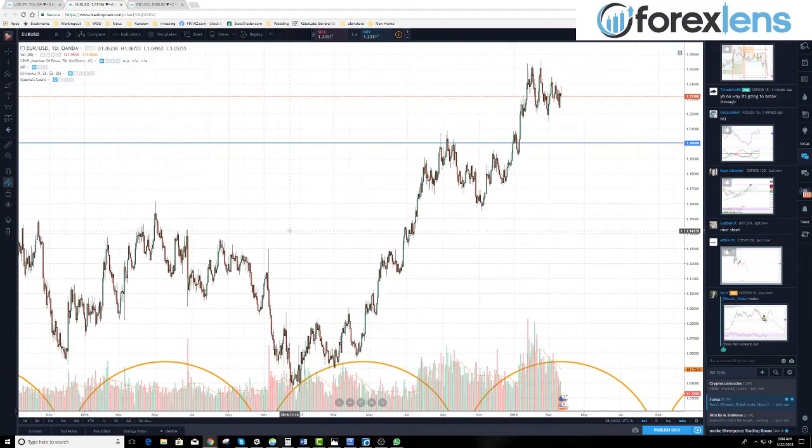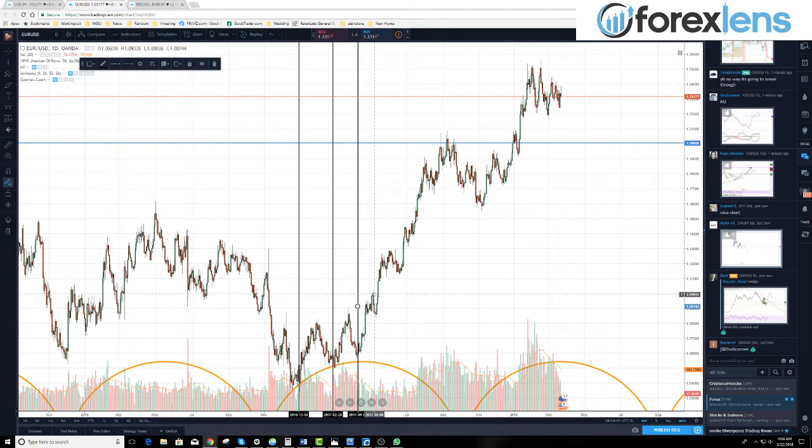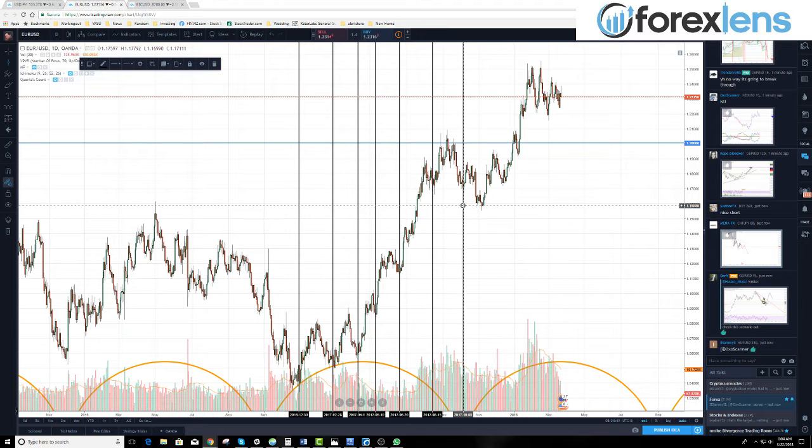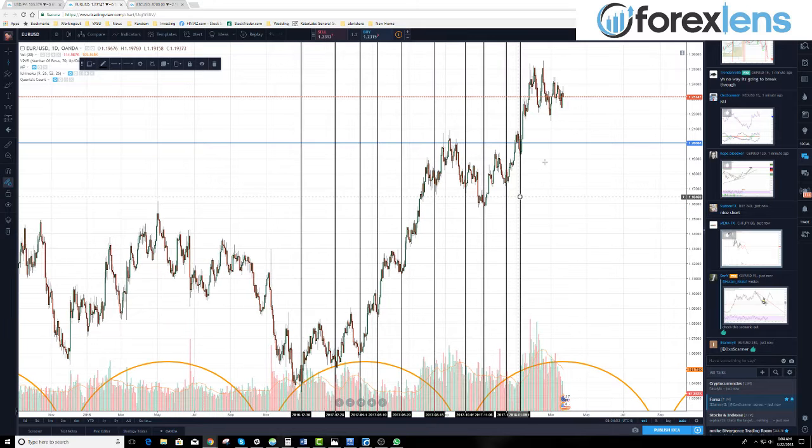So on the daily, if I'm looking for some swing lows, I want to kind of plot those out. Swing low, swing low, swing low, swing low. Get these areas that seem like they really stick out. Okay.